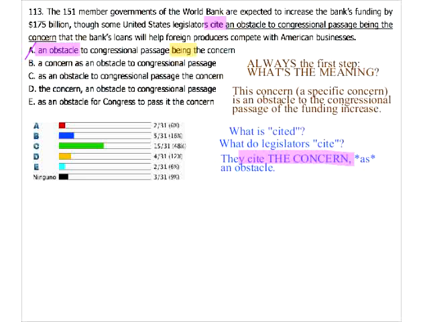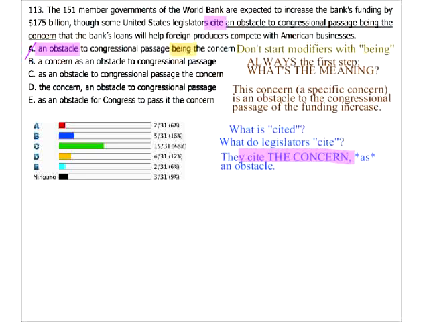So don't start modifiers with being if you can help it at all. I mean, you can use it as an actual verb, like this person is being videotaped. But in a modifier, we haven't seen that ever happen in an official problem. But they're not citing an obstacle, they're citing the concern. What about a concern? What's the issue there?